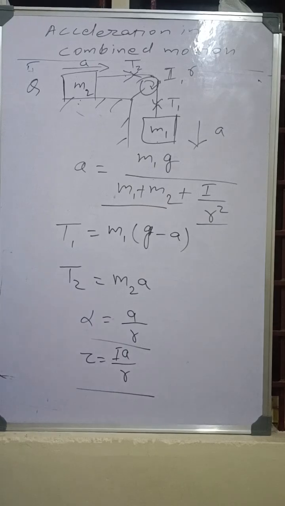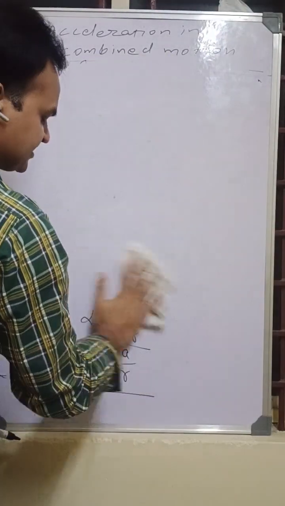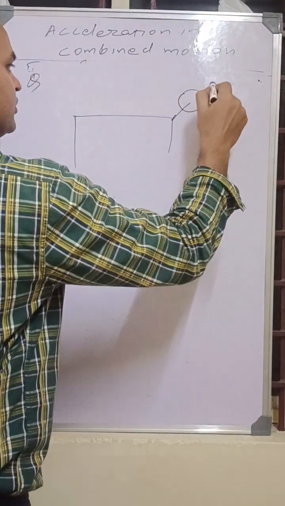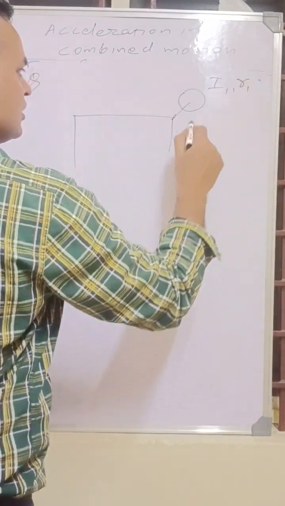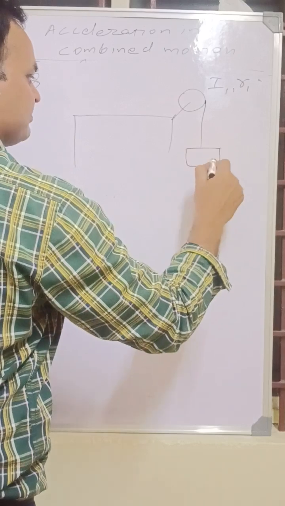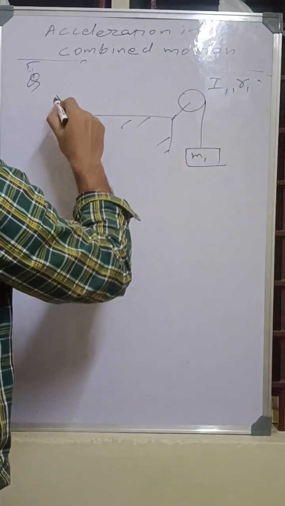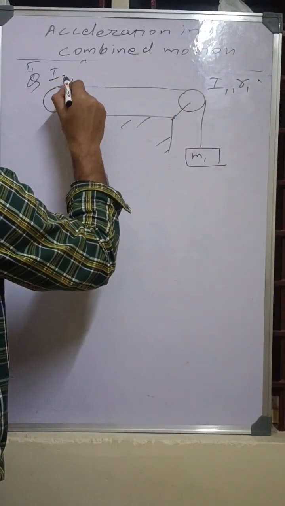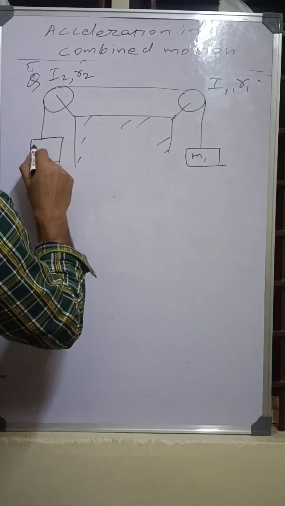So we can solve another question also in a very easy way using the same concept. If we have a question like this: you have a pulley having moment of inertia I1 and radius R1, and this side has mass M1, and suppose it is a rigid support, and you have another pulley, suppose moment of inertia I2 and radius R2, and you have another mass M2.